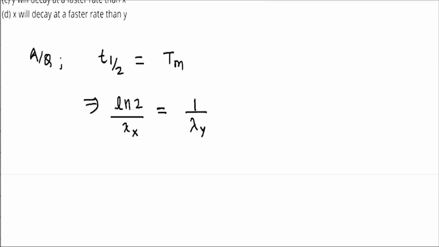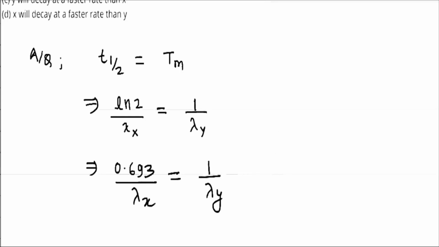So ln2 is what? The value of ln2 is 0.693. So 0.693 upon lambda of x will be equal to 1 upon lambda of y.